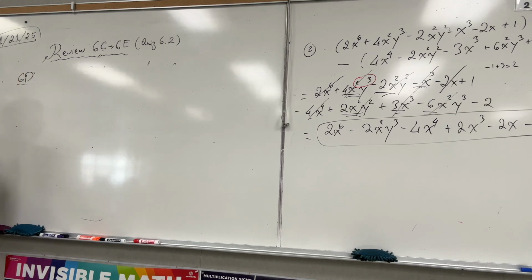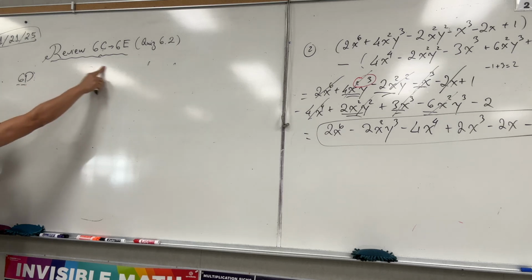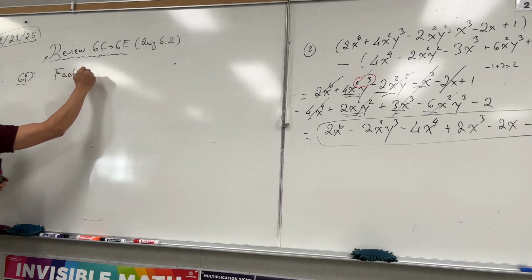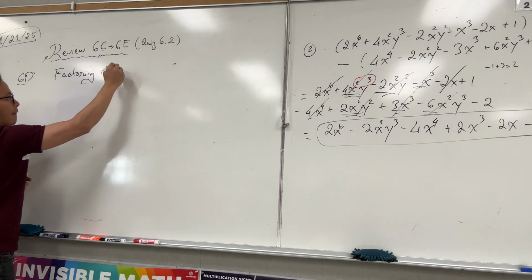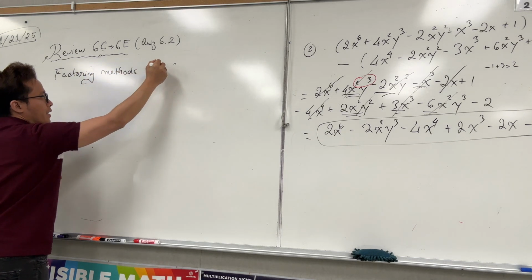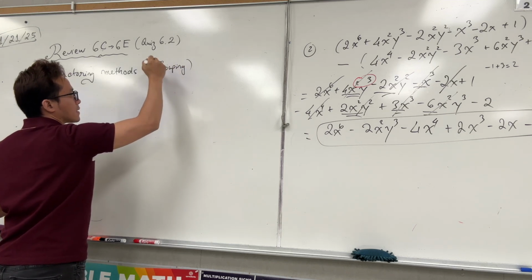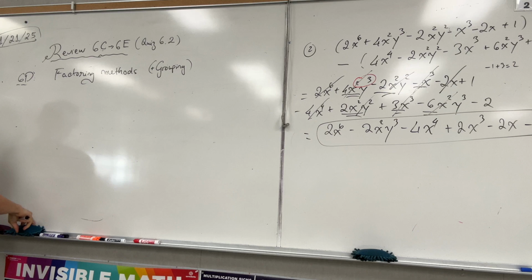You will see all the problems, all types of factoring methods: 2 term, 3 term, and 4 term. So 6D is a lot of factoring methods. Including grouping, we learn a new one, grouping.